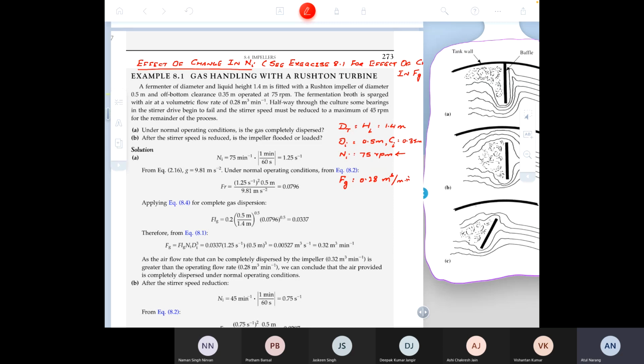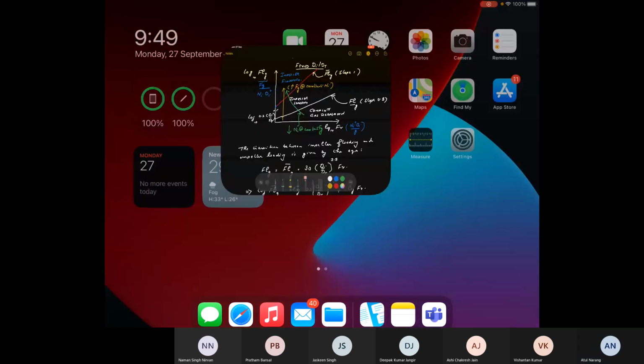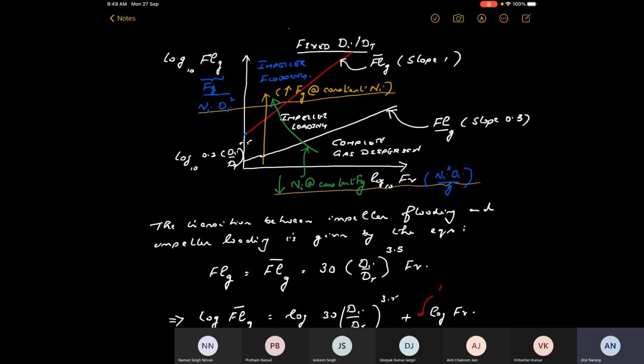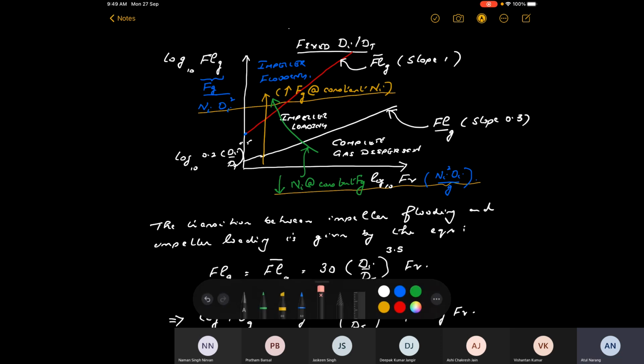So going back to the picture that I drew, this is straight off a problem of the type that is shown graphically here with the green arrow, right? First thing they're asking you is, under the original operating conditions, is your initial point in the complete gas dispersed region? Are you in the desirable place when you were originally operating?